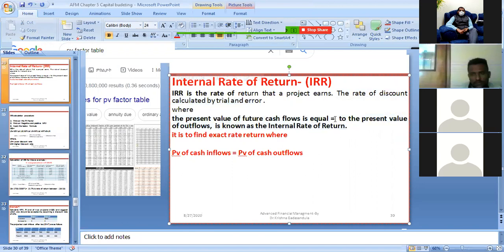For NPV calculation, we take the difference, yeah? But here, present value of cash inflows must be equal to present value of cash outflows. That is the internal rate of return. So it is to find the exact rate of return.